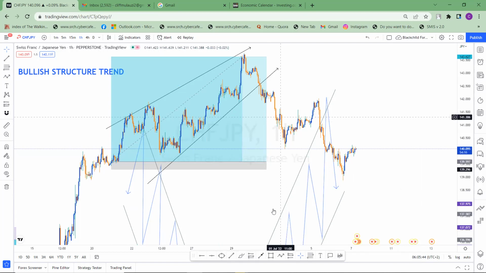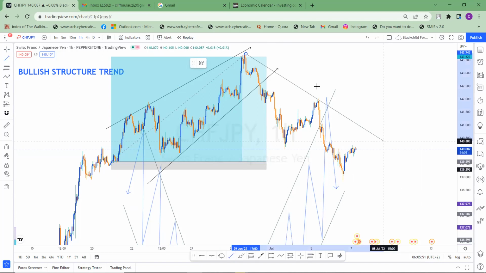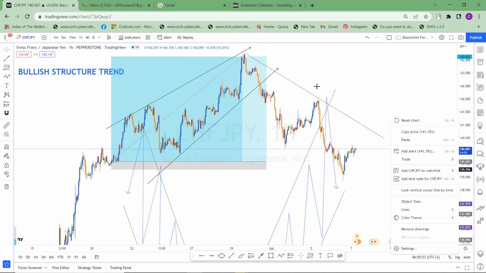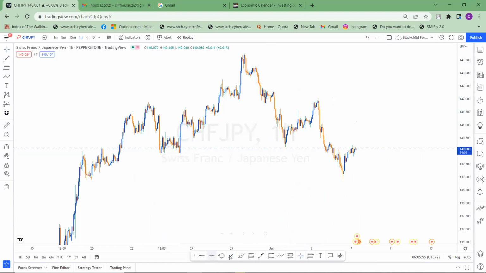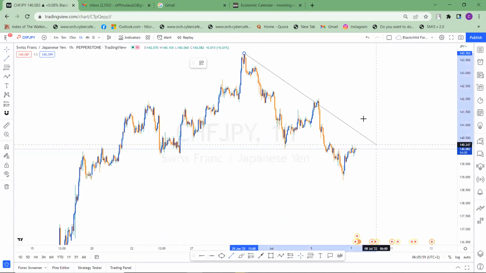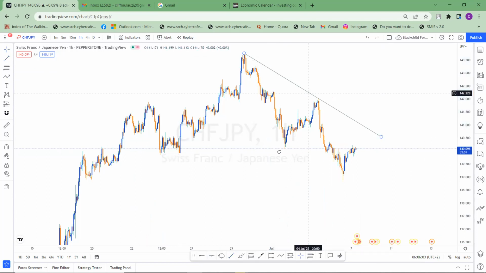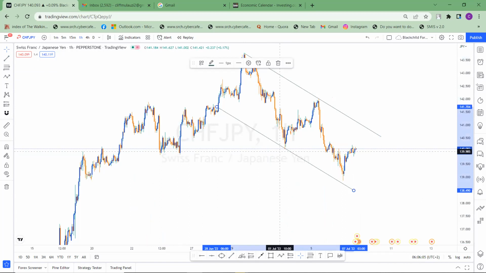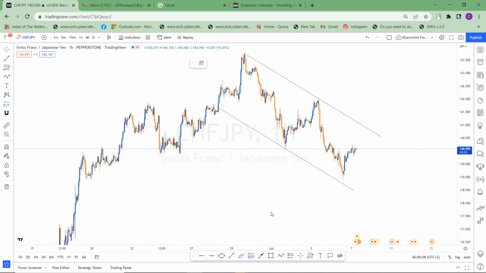This is the same thing in this one. This is actually a bearish trend. Okay, bearish trend. What do you do in this trend? Simple. You sell, right?